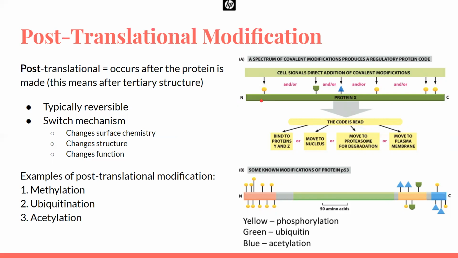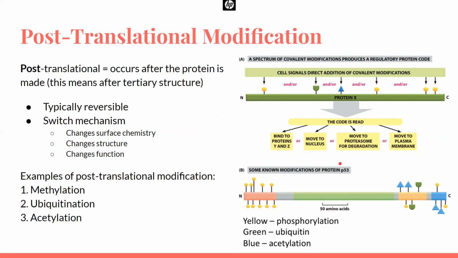Basically, these little tags are added after the protein is translated, from the N-terminus to the C-terminus, and they tell the protein what to do. They are also typically reversible. If the cell decides it needs to reverse it, it typically can. These are just signals that tell the protein what to do.